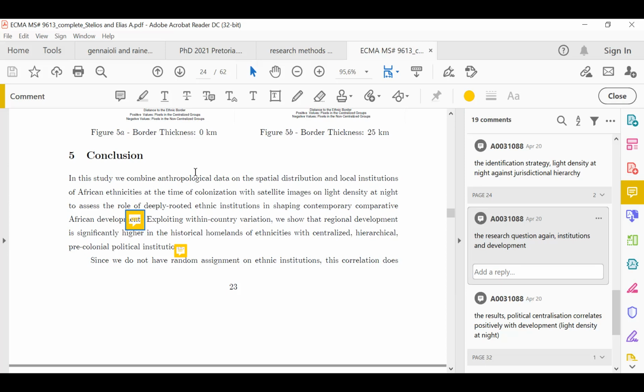They study combine anthropological data on the spatial distribution and local institutions of African ethnicities.